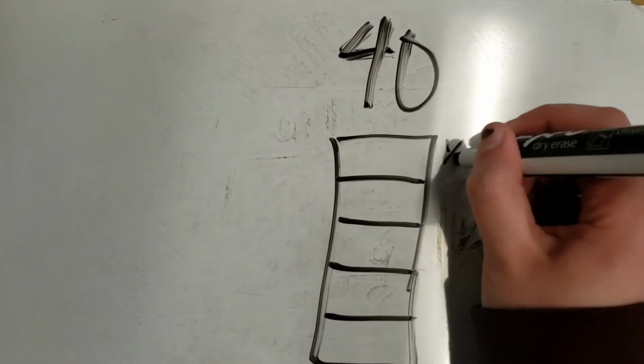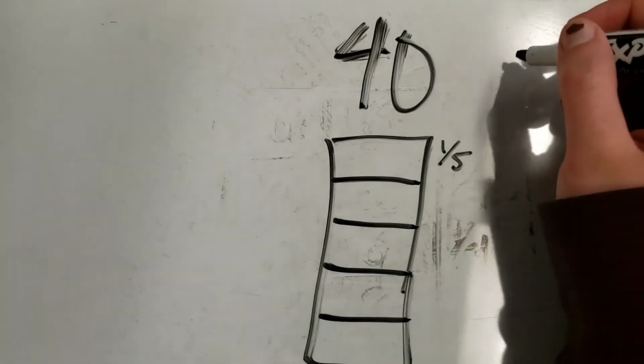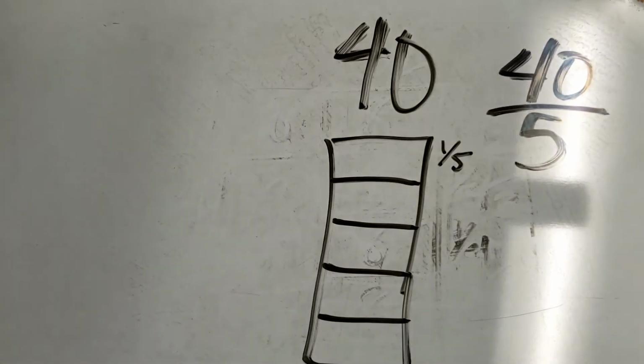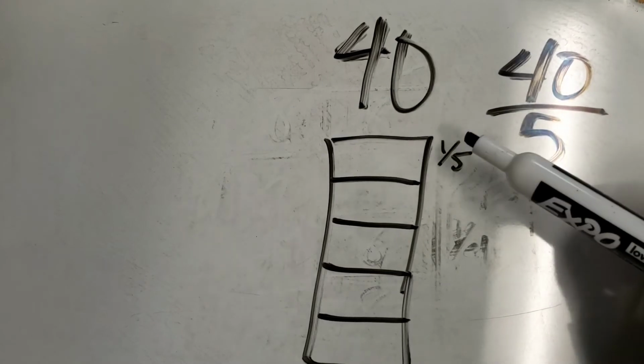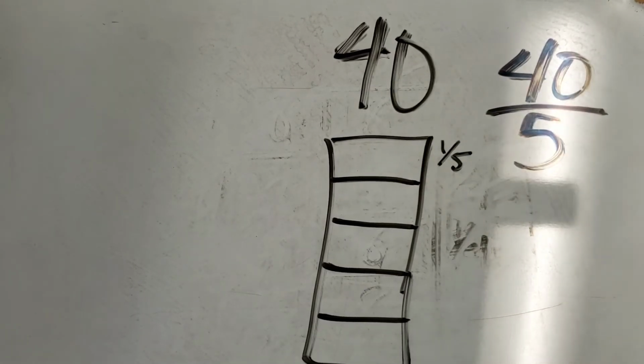And these are each 1/5. We can also think of it as we put 40 divided by 5. It's kind of the same thing because that's how we can show division. It's the same thing. 40 times 1 is 40, so 40 over 5.